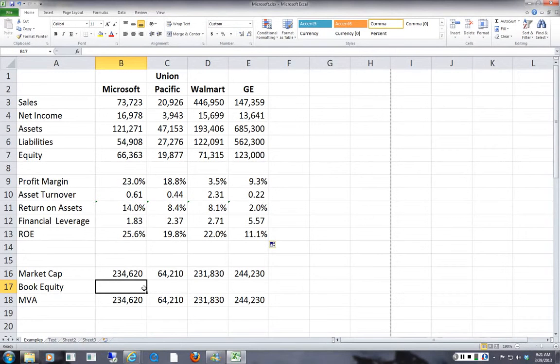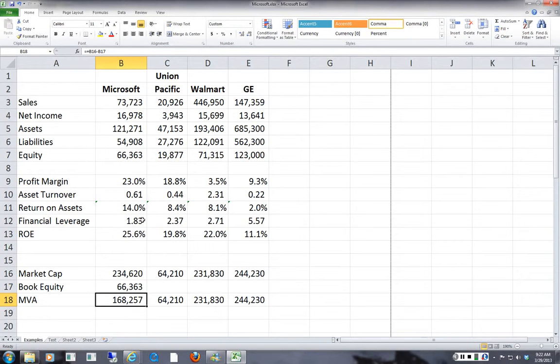And you can see GE's $234,620,000,000 is their market cap. Now, let's compare that with the equity, because the equity is how the cost per share is developed.